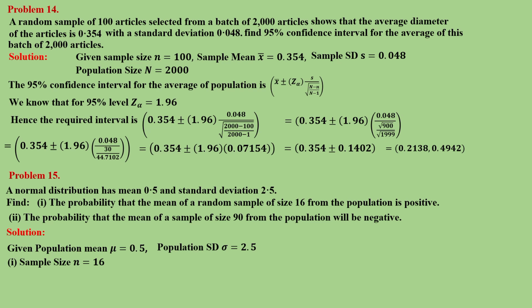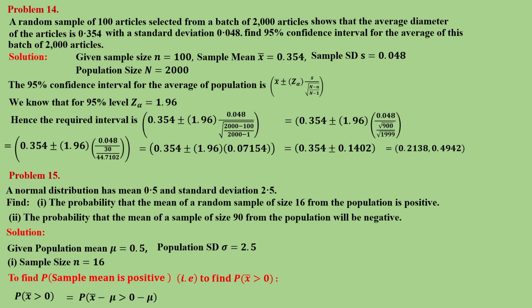Now in the first case, the probability that the mean of a random sample of size n equal to 16 from the population is positive. So we need to find the probability that the sample mean x bar is greater than 0.